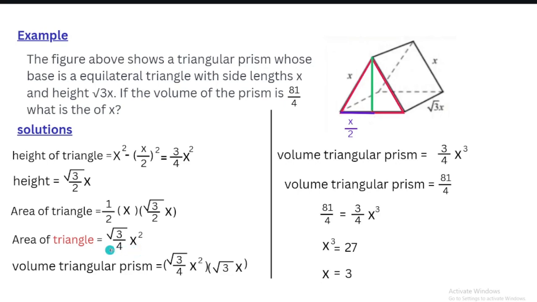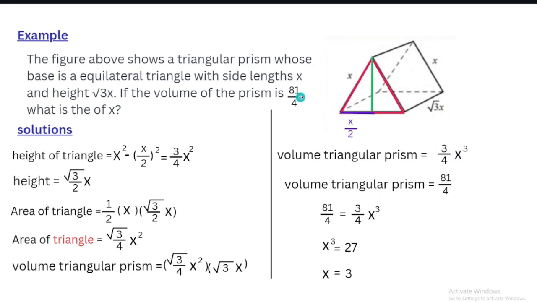Now we have to multiply by the height of the prism to get the volume of this prism. We multiply the area with the height of the prism to get that the volume of the prism is 3/4 x cubed.